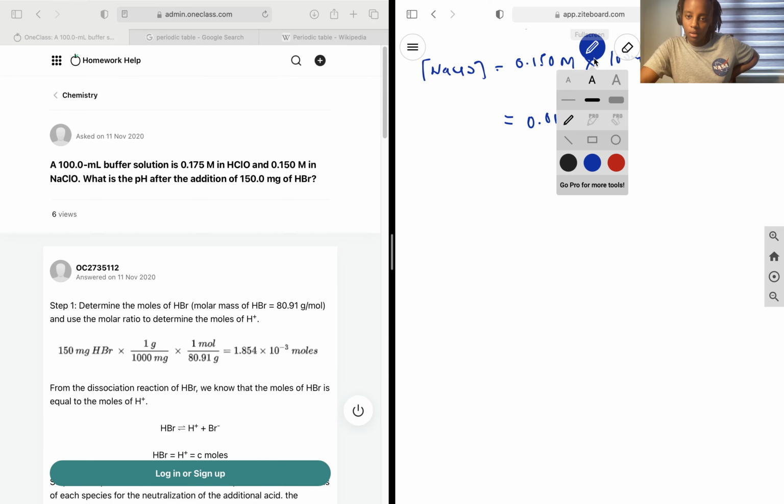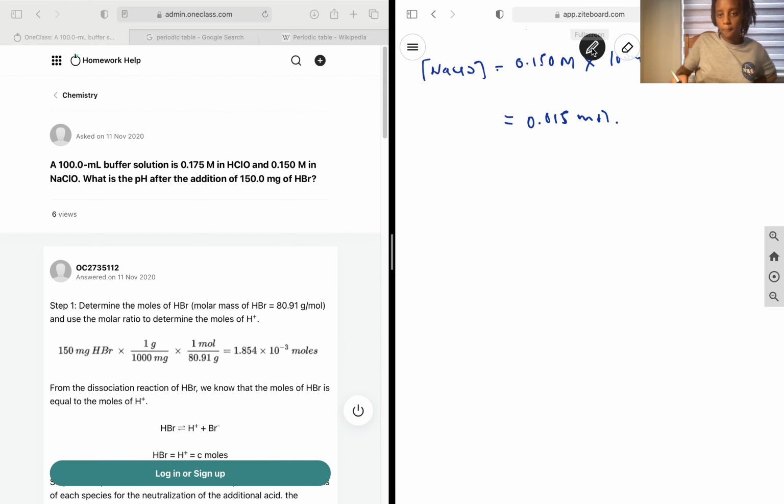which is going to help us determine the concentrations at equilibrium.